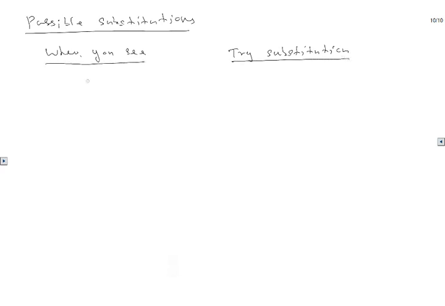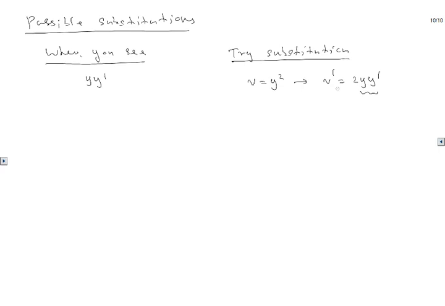So when you see y y prime, the substitution would be, because that should be the derivative, v equal y squared. Okay, because if you take the derivative, v prime equals 2y y prime, and then you can solve for this. So it's going to be half v prime, so you're going to substitute half v prime.